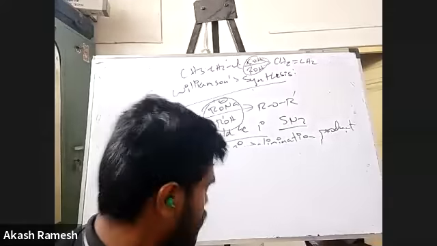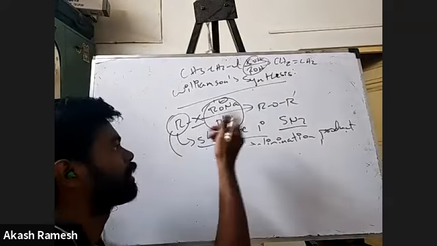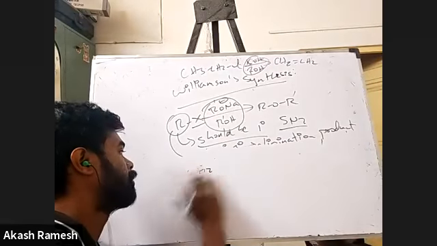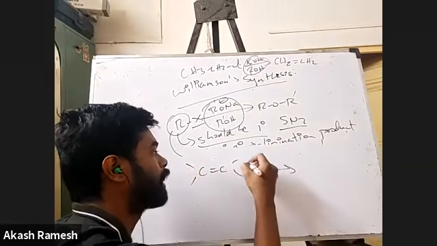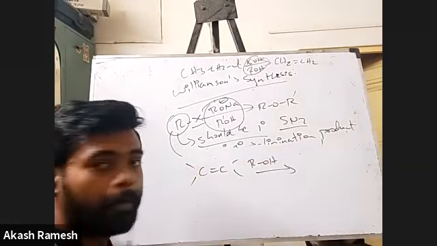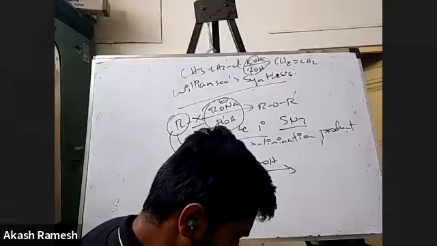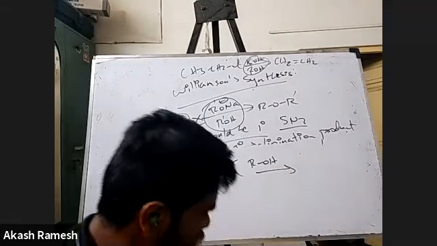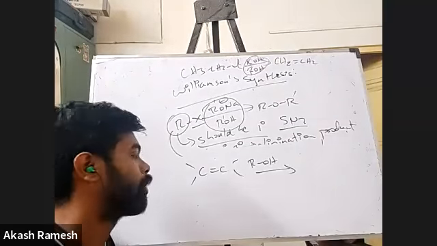There are other ways of producing your ethers. That would be when you have, say, a C=C. You can go for electrophilic addition of an alcohol. So what will happen?